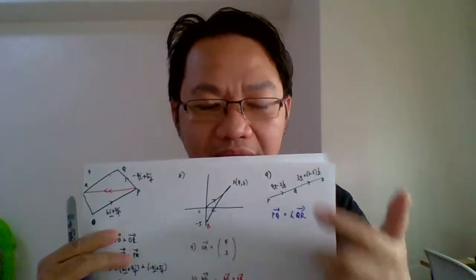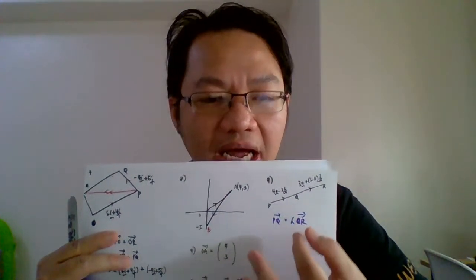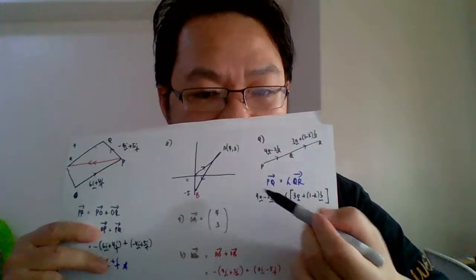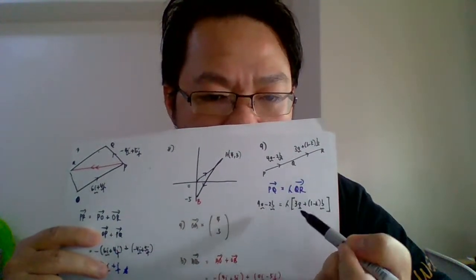How to find lambda? Before we find lambda, update your PQ, update your QR. So we update everything. PQ equals what? 4A minus 2B equals lambda times (3A plus (1 minus K)B). Okay. I update left and right, my PQ and my QR.